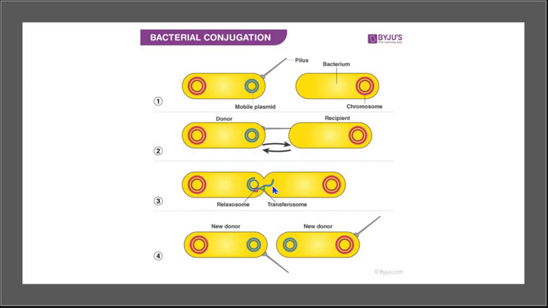And you end up with this new genetic information that's entering in, and it can completely change what that bacteria is like. It'll change the structures and things of that bacteria, and you end up with a new type of bacteria. And that is conjugation.